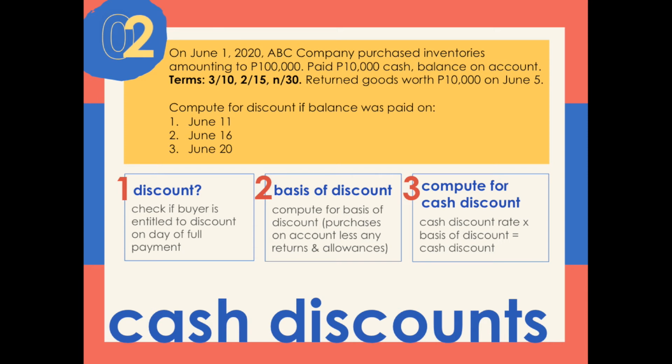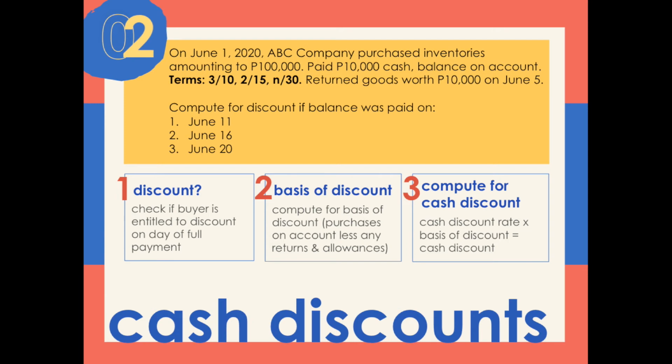To compute for the discount, we must determine three things. Number 1, is the buyer entitled to the cash discount? Meaning, was the buyer able to fully settle the balance within the discount period? If no, then the answer for the discount would be 0 and we don't have to compute for anything. If yes, then we proceed to step 2.